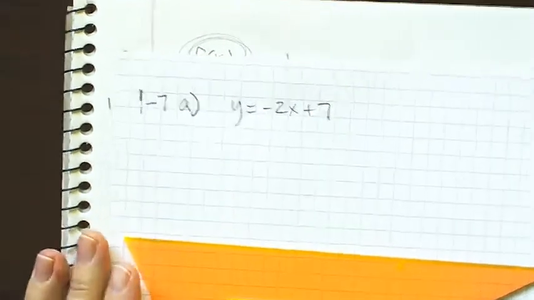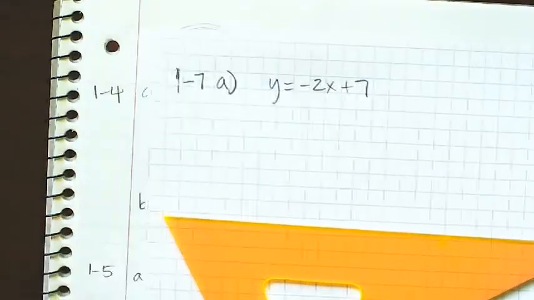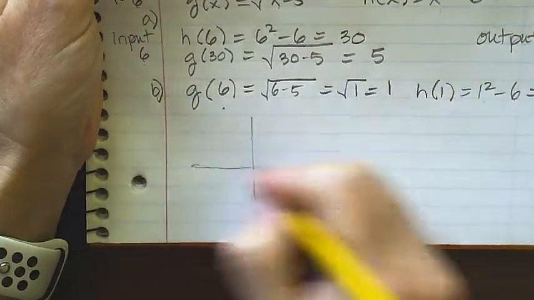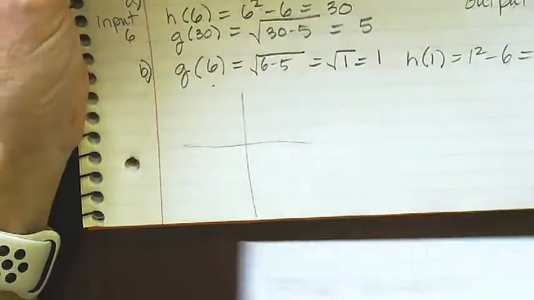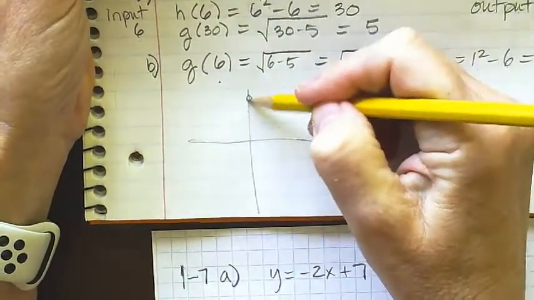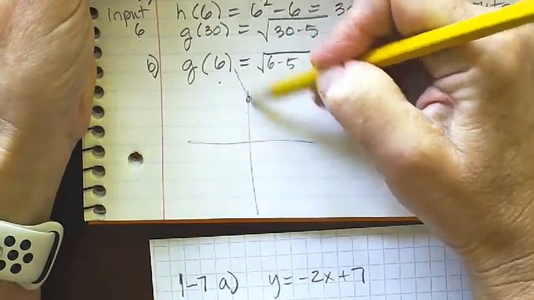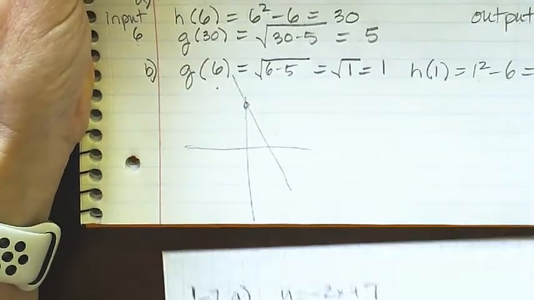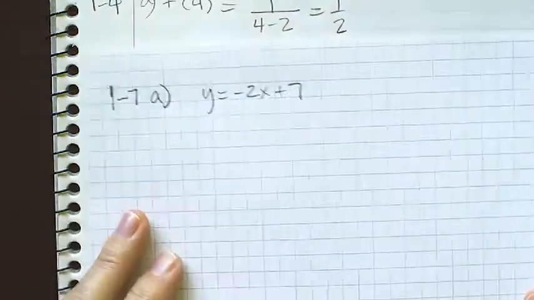So I kind of visualize what this is going to look like before I start sketching it. I'm going to just do a little sketch over here. It's going to have a y-intercept of 7, and the slope is negative, and it's pretty steep. So it's going to look like that, and that will help me to just fit this on my graph paper a little bit better.